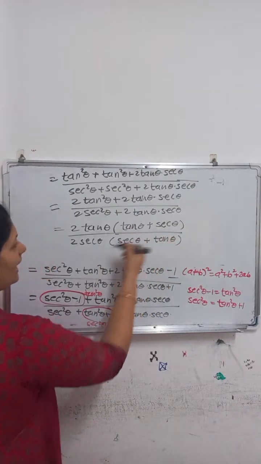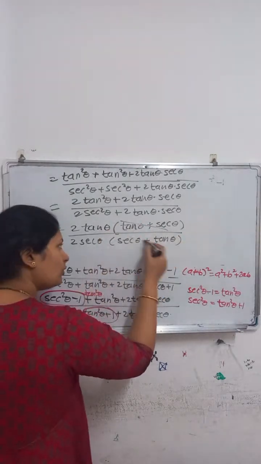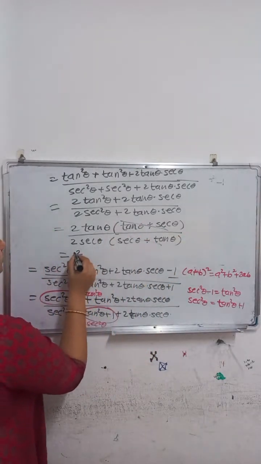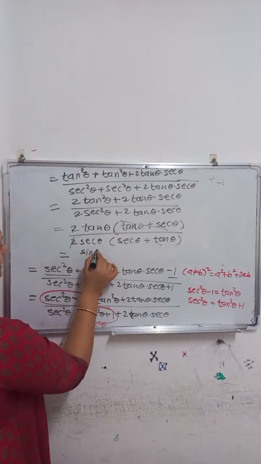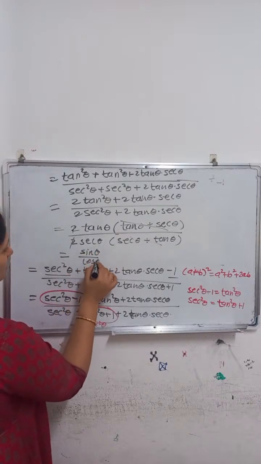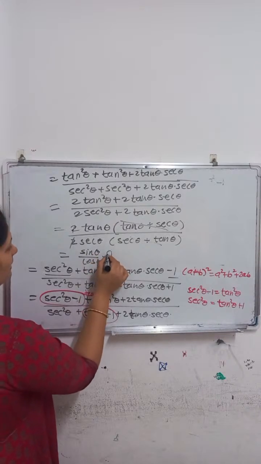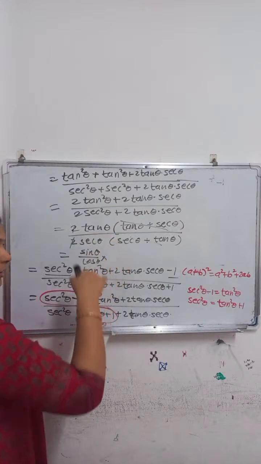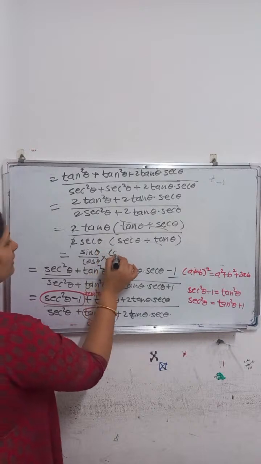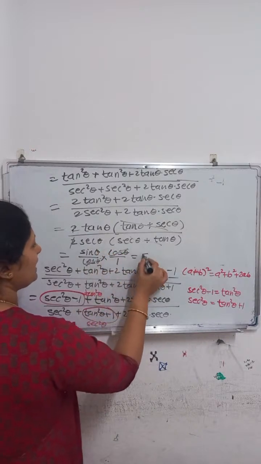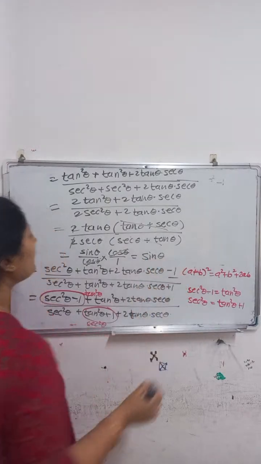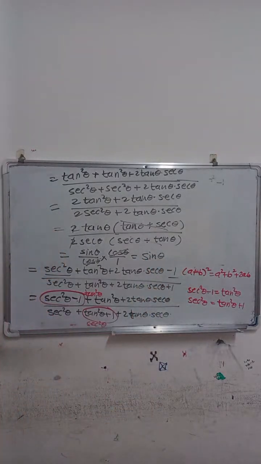Now check, addition is commutative, so these both terms get cancelled. So 2 also gets cancelled. Tan theta is nothing but sin theta by cos theta, and sec theta is nothing but 1 by cos theta. So take the reciprocal, so cos theta by 1. Cos theta gets cancelled and you will get the answer sin theta. Can you get it? So this is my required answer.